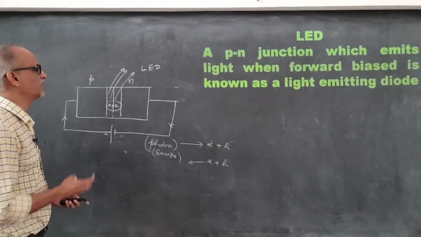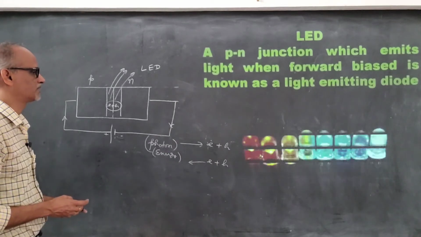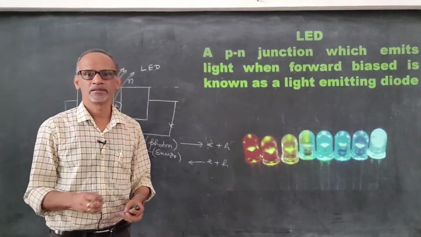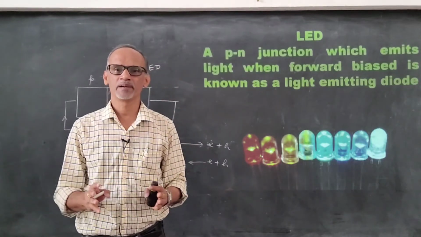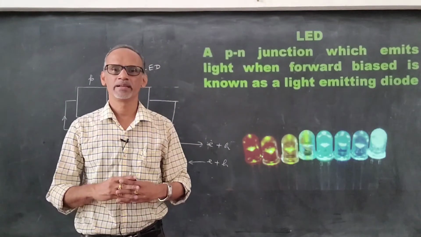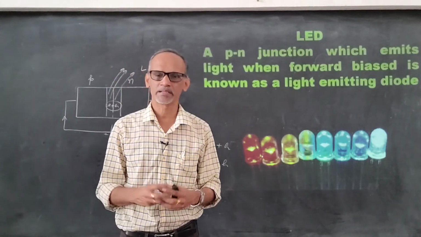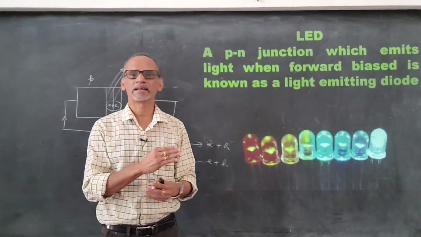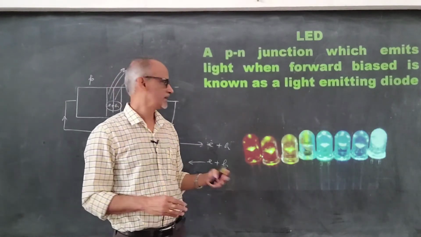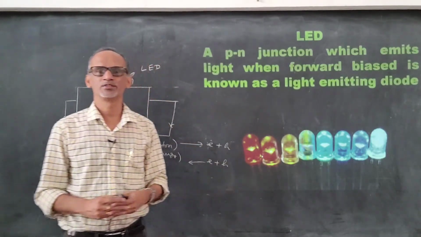So it's a commonly used device. You must have seen LED lights or bulbs used in almost every device. There are LED televisions, LED bulbs are available now. Therefore, the conventional filament lamp is now replaced by LED because of the many advantages of this device.